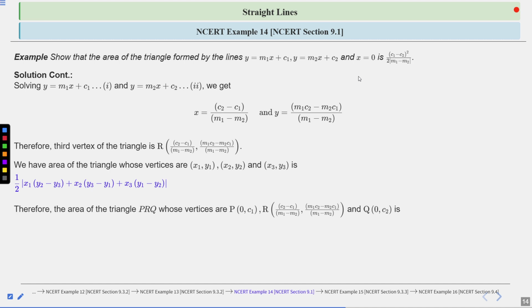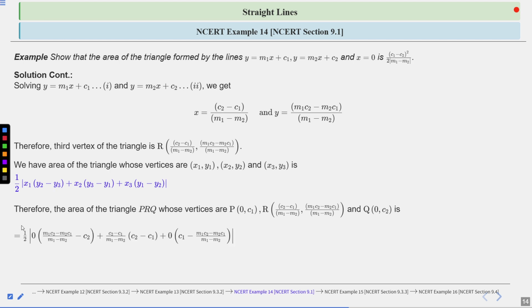So the area of the triangle PRQ, whose vertices are P (0, c1), R (c2 minus c1 divided over m1 minus m2, m1 into c2 minus m2 into c1 divided over m1 minus m2), and Q (0, c2). Now you can put the values of P, R and Q in this formula, and then we will obtain the area of the triangle.